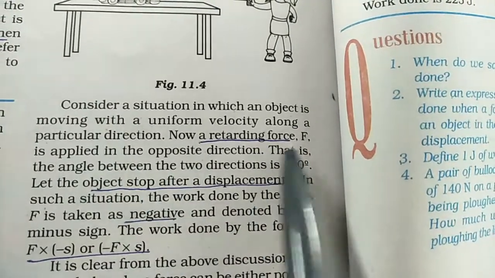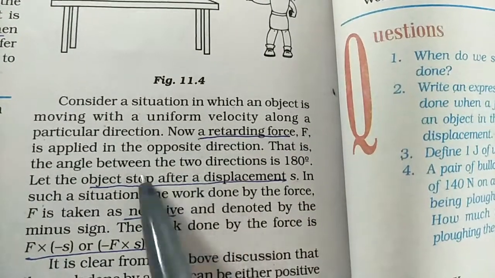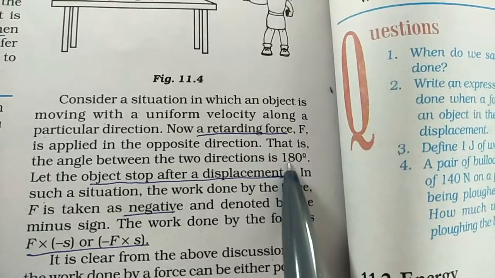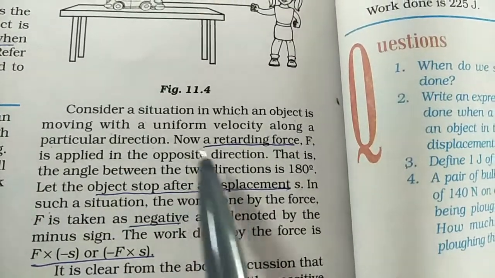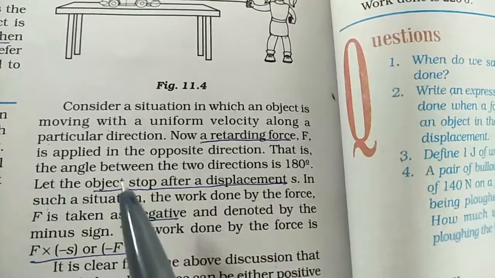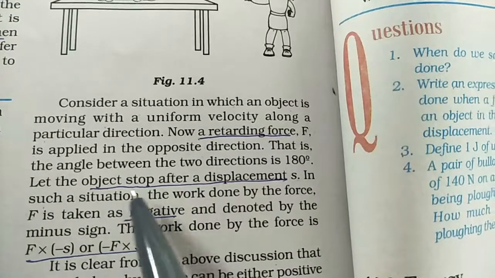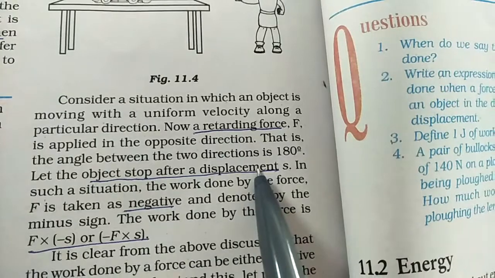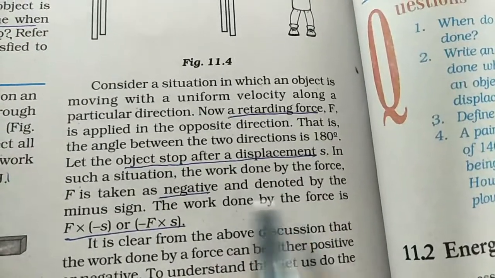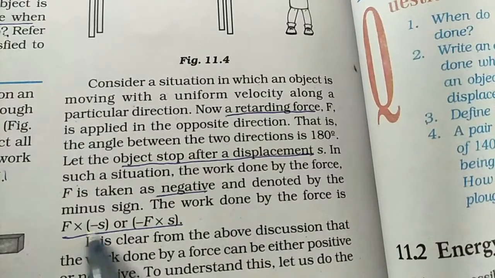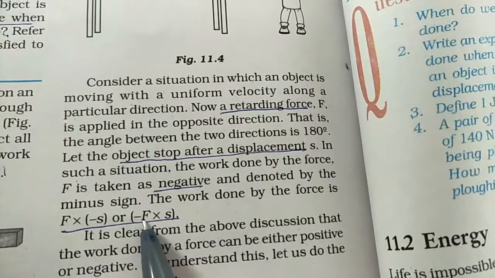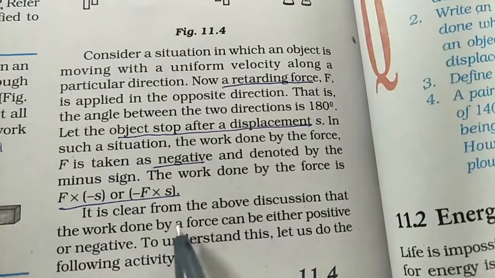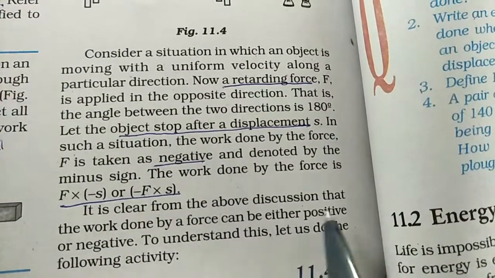Whenever you have a retarding force, there will be an angle between the two directions. So there will be two forces acting actually, one stronger and one weaker, and the object will stop after some time. Here you will have negative displacement or negative force, so the value of the work done will be negative.